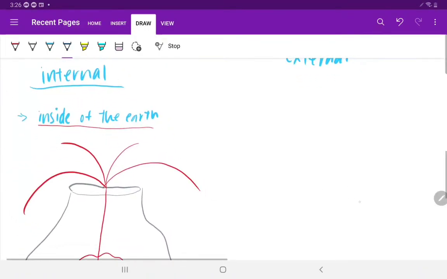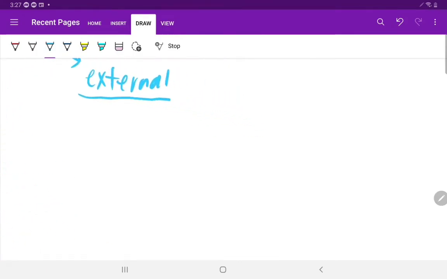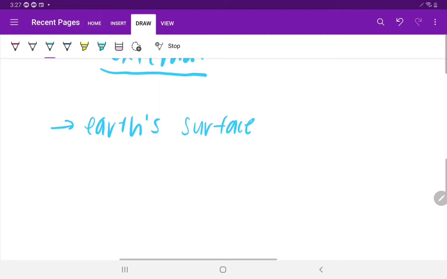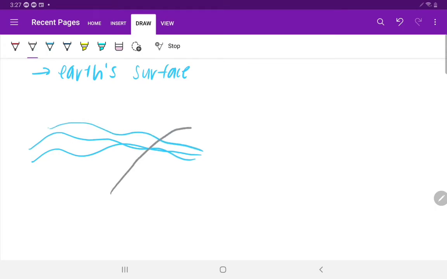Another type of process is an external process, as we mentioned earlier. External processes occur on Earth's surface, as can be assumed by the name. One example is a river. If you've ever been near a river, you might have noticed that the rocks surrounding the river are very smooth and rounded.